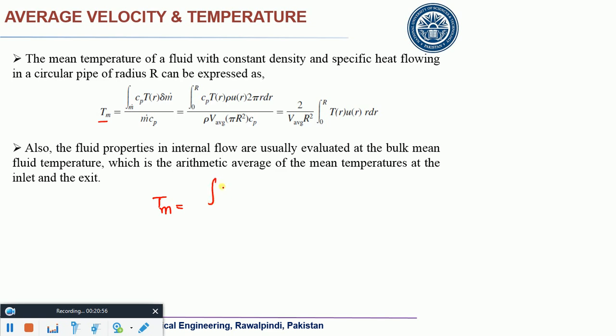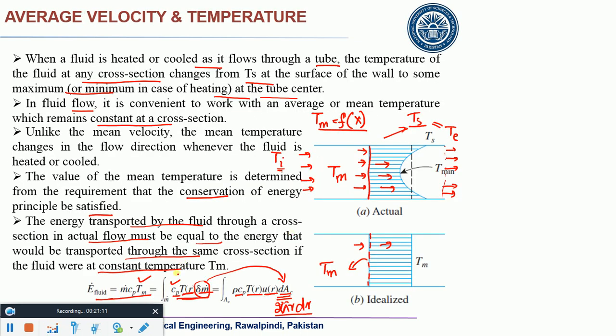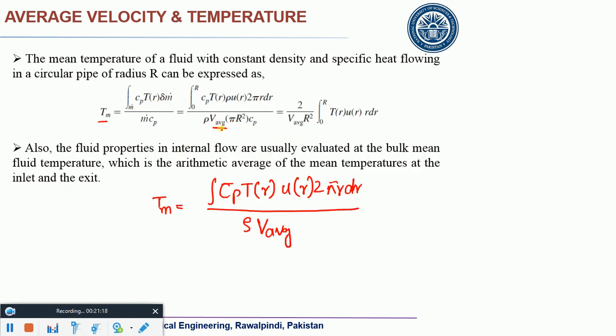Tm should be equal to Cp T of r u of r 2 pi r dr, if you consider the circular cross-sectional area pipe, and then you simply consider this V average. For this m dot on the left hand side we consider V average, and this m dot is basically rho V average into A, which is the pi r square term, and finally you come up with this expression.